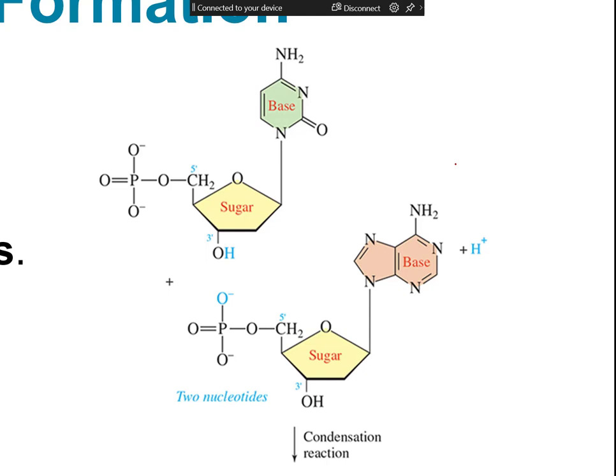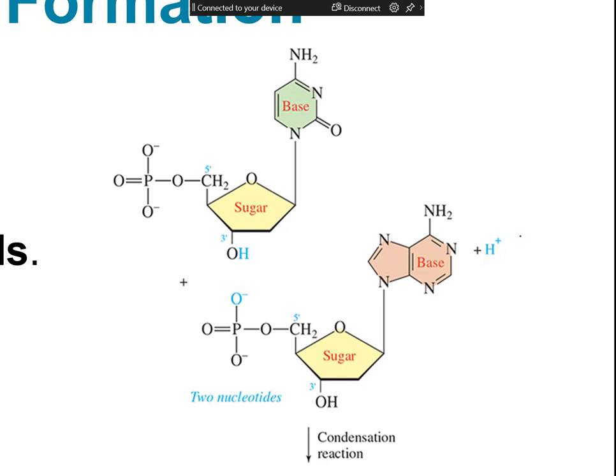Just like how you make the peptide bond with amino acids, here there is a link from the hydrogen off of that sugar, hanging off of the 3rd carbon. Remember, it's a little 3. Hanging off of that 3rd carbon, a hydrogen gets pulled off. Off of the phosphate, an oxygen gets pulled off. So there's an H and an O. The other H actually comes from the solution. Okay, so you add a hydrogen as well.